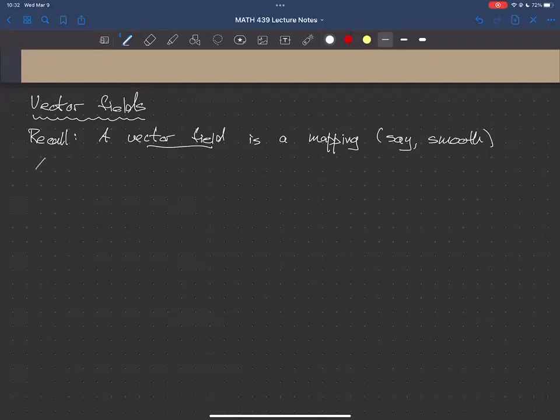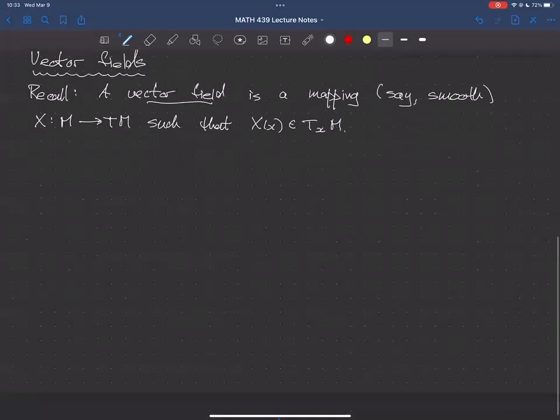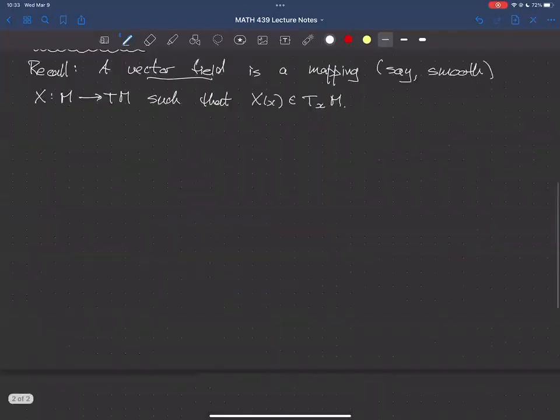So it's a mapping, like so, such that when you evaluate this vector field at a point X, you get a vector in the tangent space at X, right? And so I drew a picture associated with this.